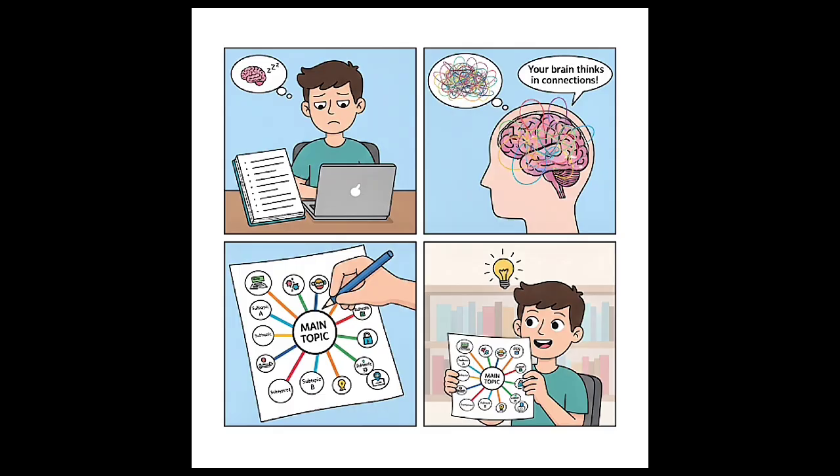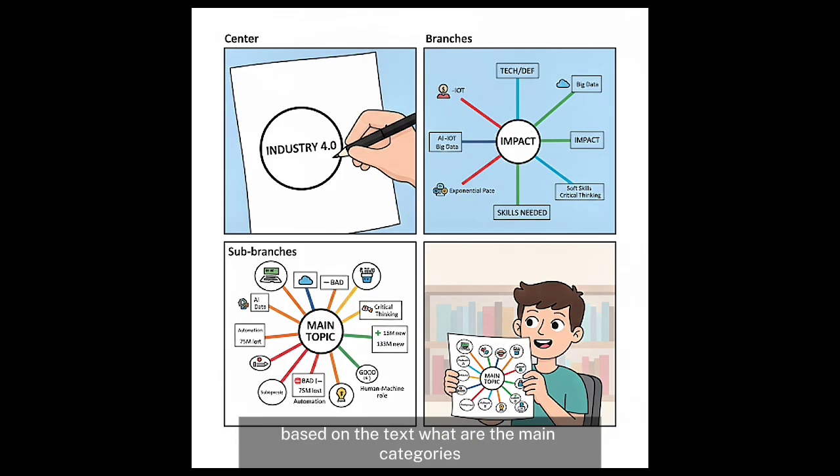The weirder, the better. Look at paragraph 1. Blurring the lines between the physical, digital, and biological spheres. That's very abstract. Let's make it concrete. Close your eyes for a second. Imagine a human hand, biological, is holding a smartphone, digital.